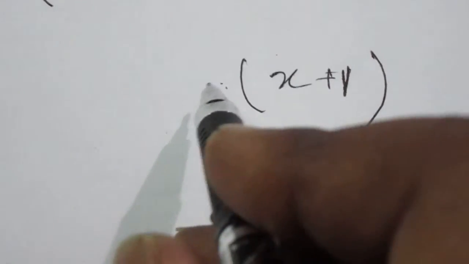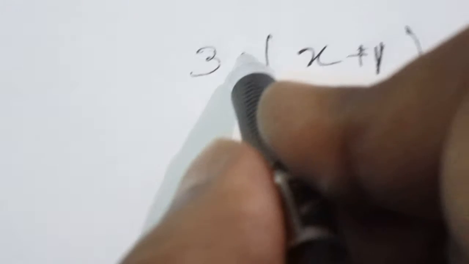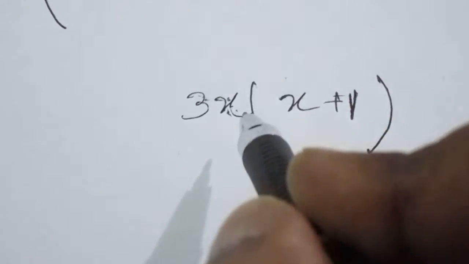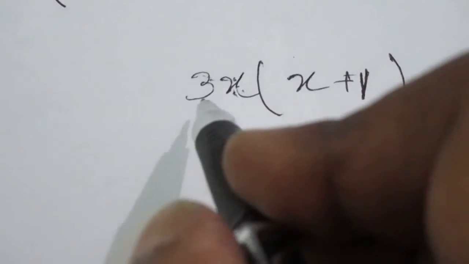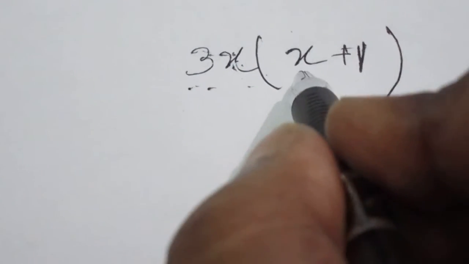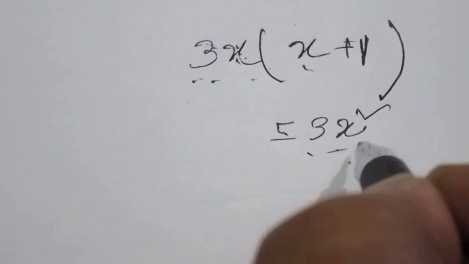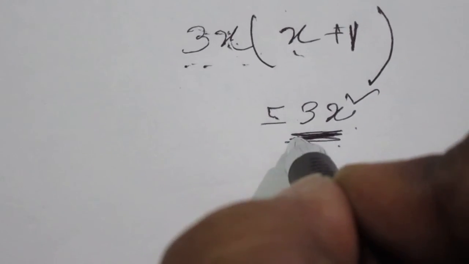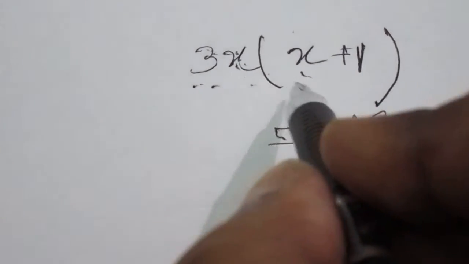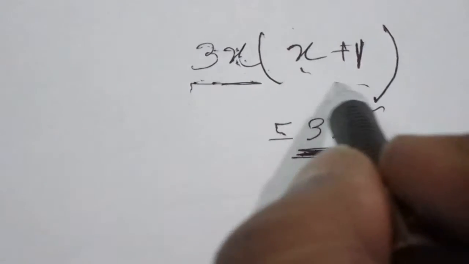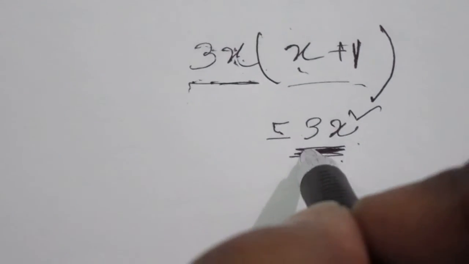Now after thinking we find out that if I write here 3x, then it will become 3x square, because thrice x into x will give me thrice x square. My aim is to get this thrice x square. So we have to think by what term we can multiply this divisor x plus 1 so that we get thrice x square.